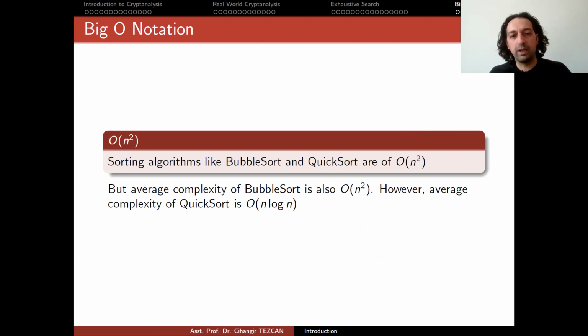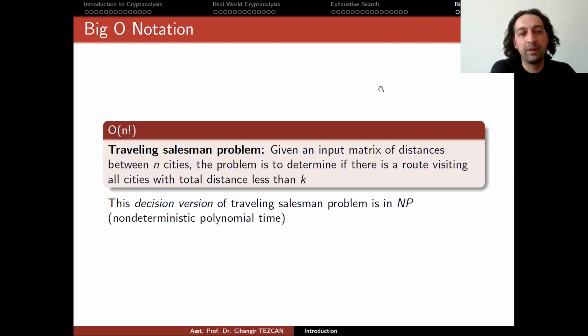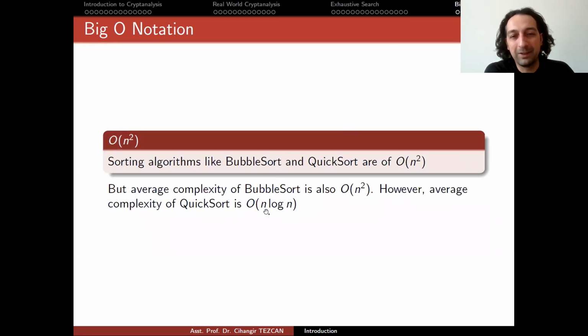With bubble sort, I waited for a few hours, but I didn't get the result. But I moved on to quicksort, and the sorting took like 10 minutes or something. So don't forget that big O notation gives you kind of an upper bound. Average complexity is also important.